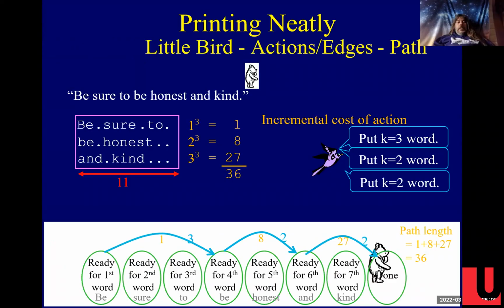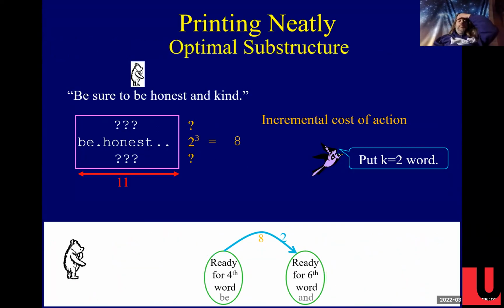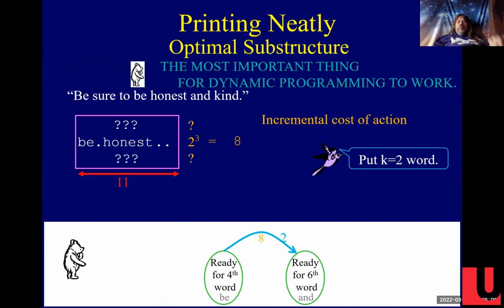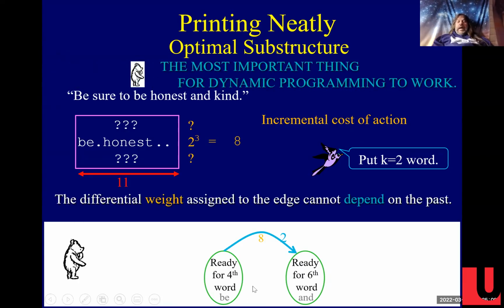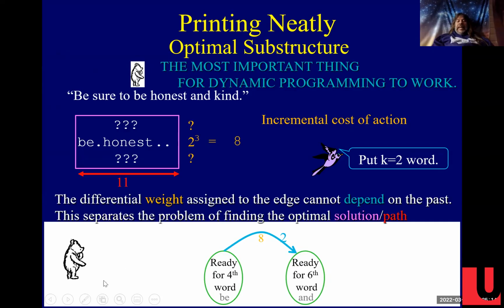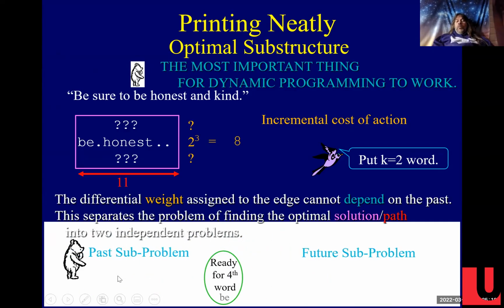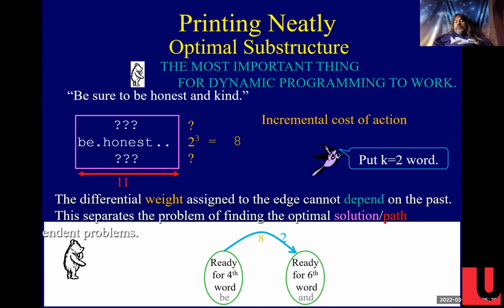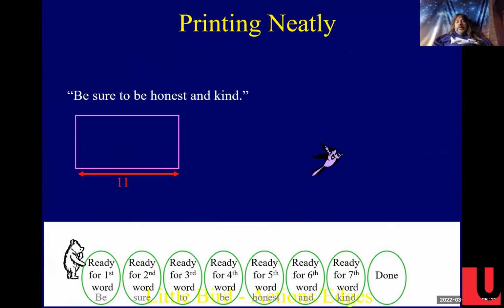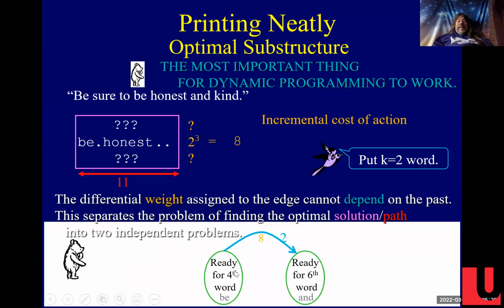All right. So let's think about this optimal substructure idea. Remember, the weight of this edge, we said it was 8. It can't depend on what happened in the past or in the future. And do you see how it doesn't?